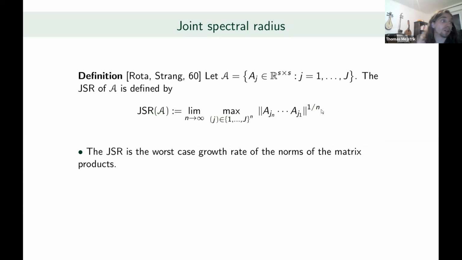Now it turned out to have a broad field of application. So again, the definition: given a set of matrices, we take all possible matrix products of length n, take their norms, average by the length, and take the limit.